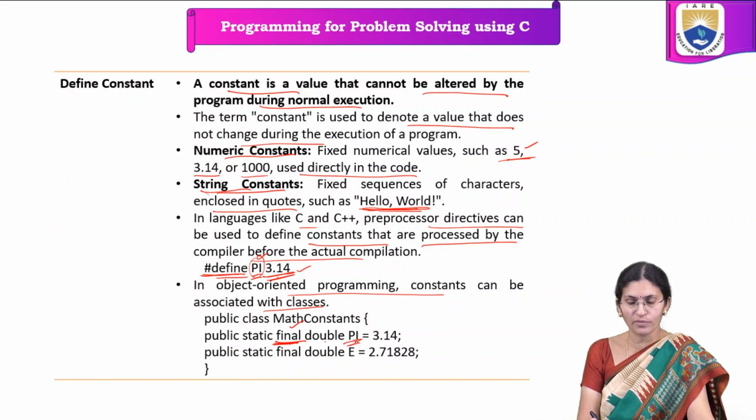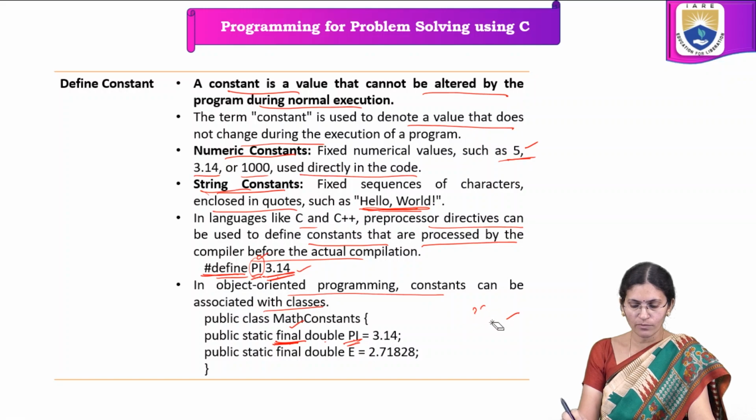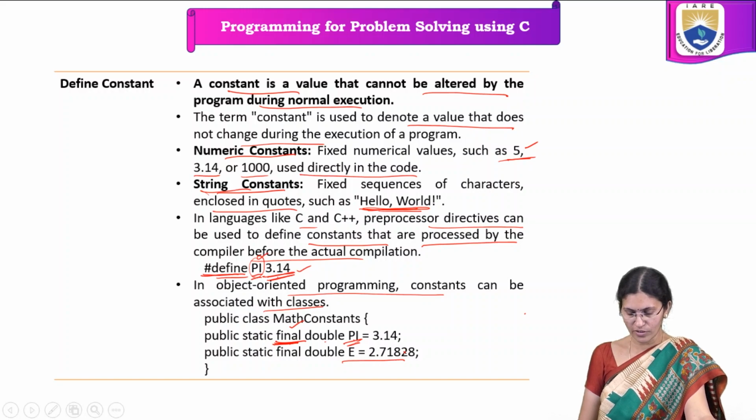If you try to modify the value of pi anywhere in the program, suppose to 6, it is not able to change. So pi equal to 6 will be considered wrong. Next one, this is also a constant value here.